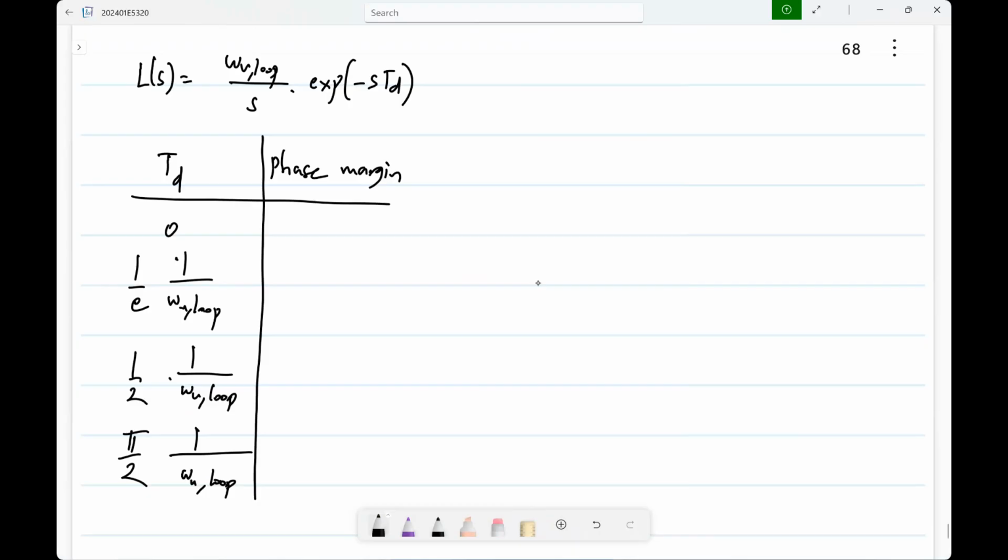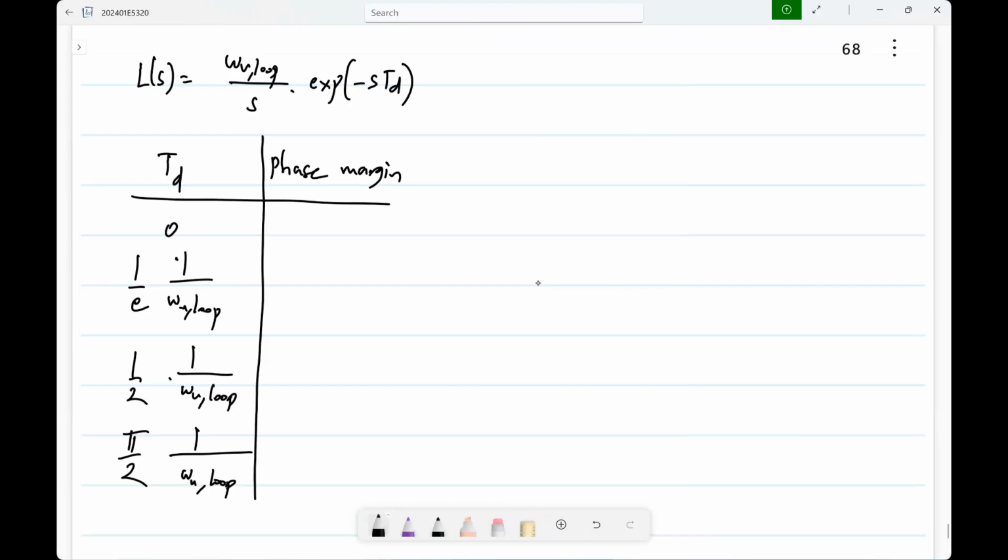Okay, take a calculator. What is the unity loop gain frequency? It doesn't depend on the other factors, right?